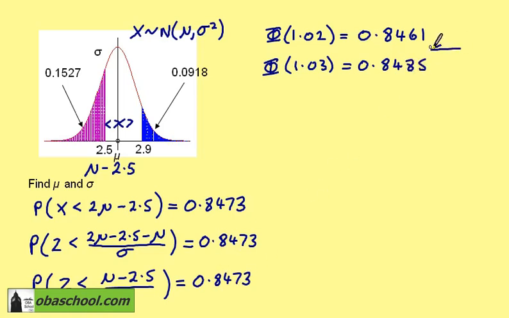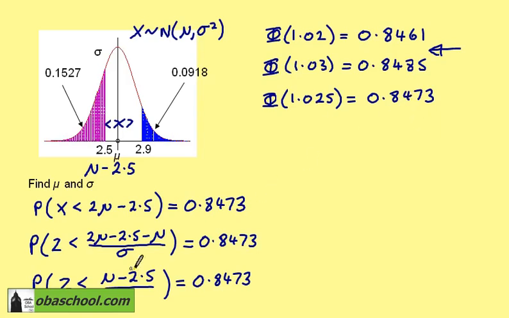This value is exactly halfway between. We can therefore assume that phi of 1.025 is 0.8473. But in practice, in most exams, you wouldn't be expected to do this. You could just use Z is 1.02 or Z is 1.03 with no loss of marks.